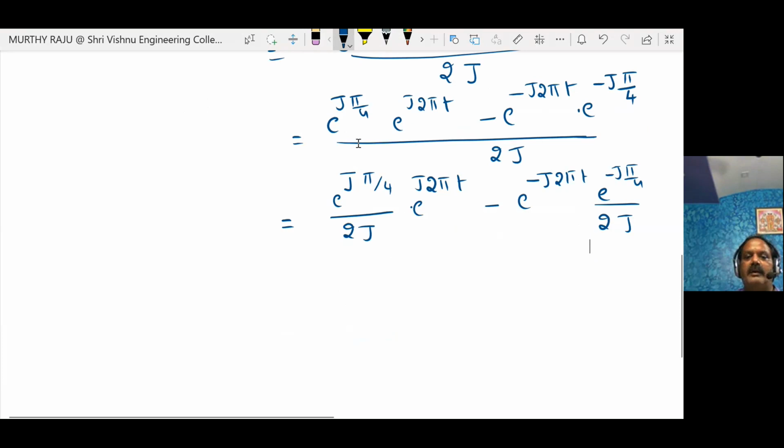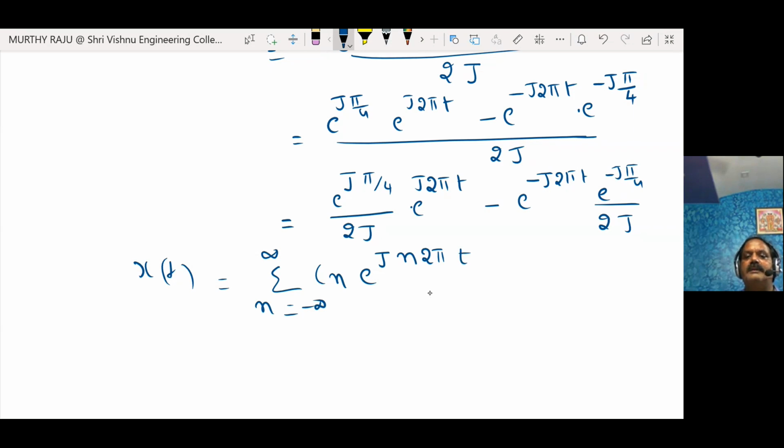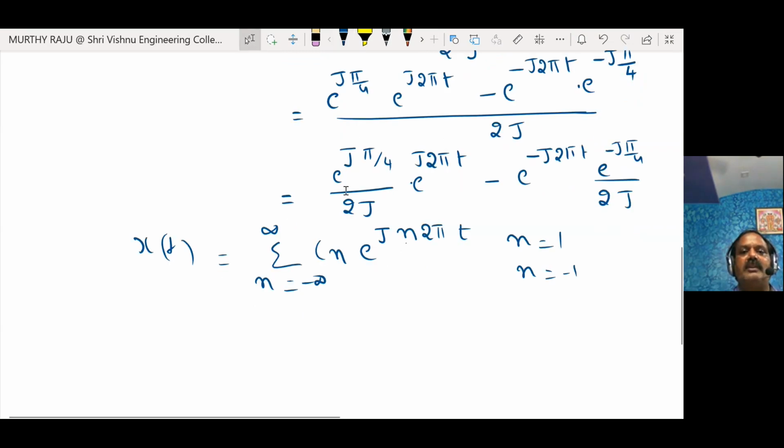Compare this with the exponential Fourier series term, sigma n is equal to minus infinity to plus infinity C n e power j n omega naught t, where omega naught is 2 pi. Here n is equal to 1 and n is equal to minus 1.